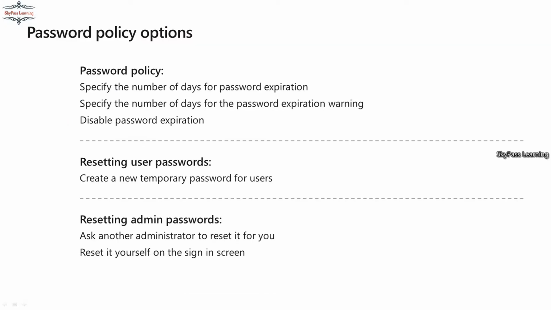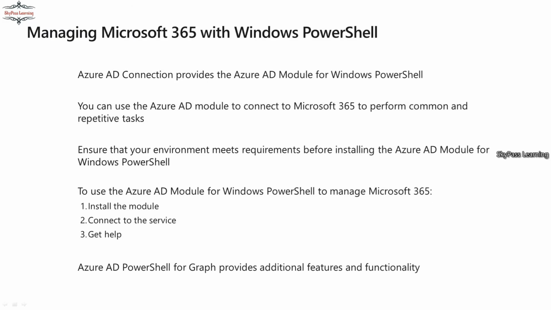You can set it up in your organization for Office 365. The next part is Microsoft 365 with PowerShell: how we can connect the environment with the help of PowerShell. This is the more interesting thing, and the most important part is that a number of people are getting issues when they are trying to install the Windows PowerShell module for Azure AD and the Windows PowerShell module for MS Online.